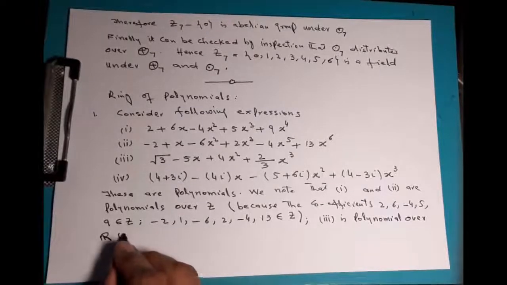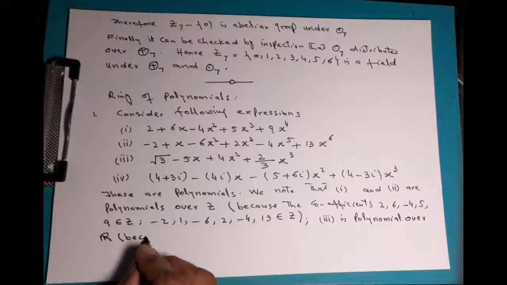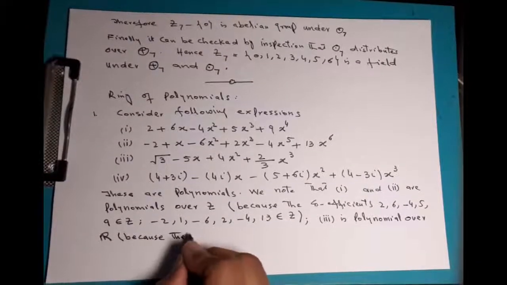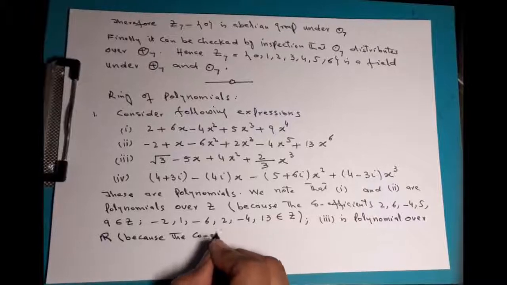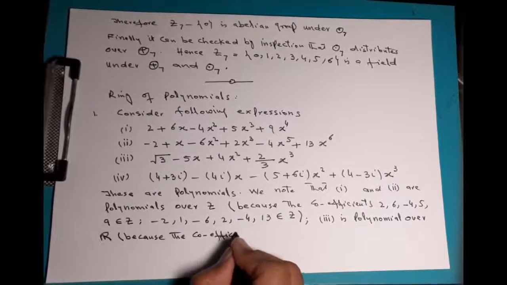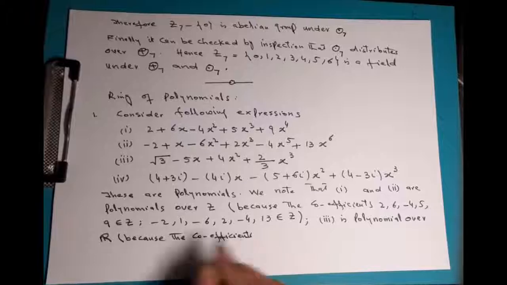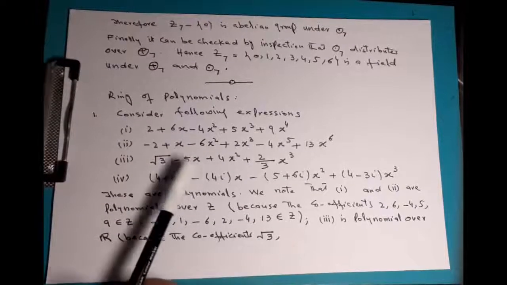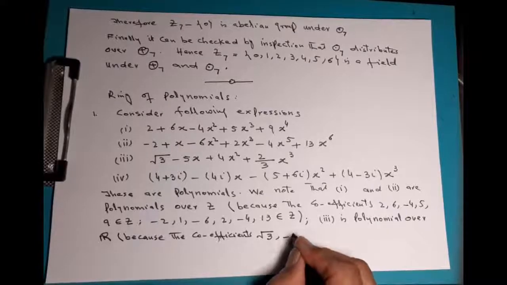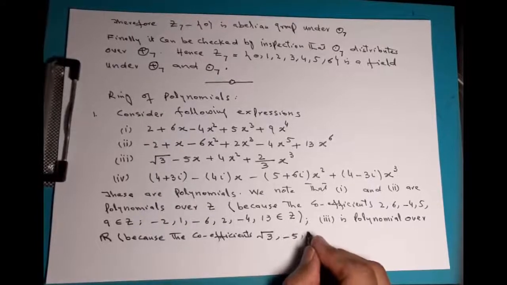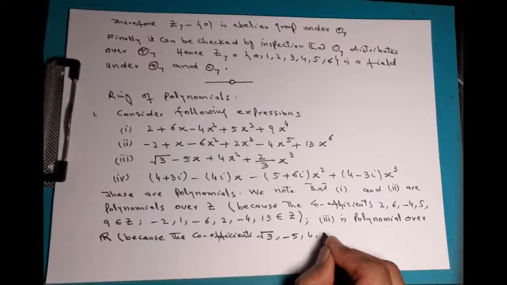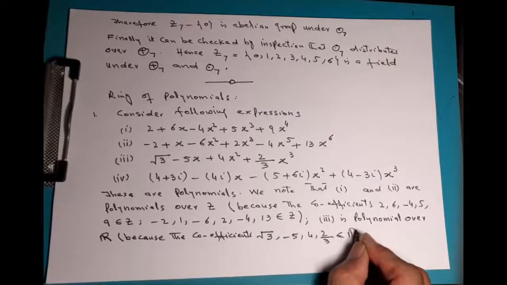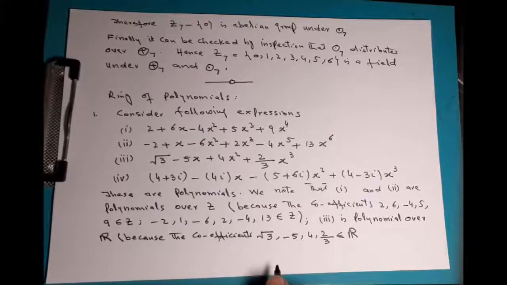The reason is because the coefficients radical of 3, minus 5, 4 and 2 upon 3 belong to the ring of real numbers.